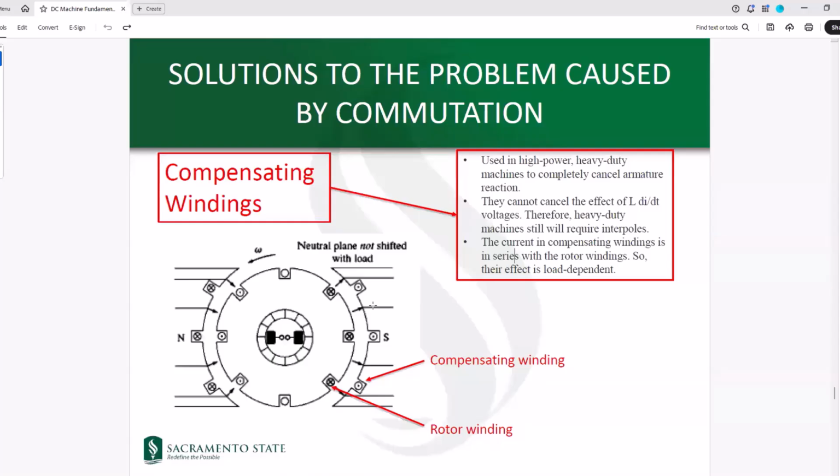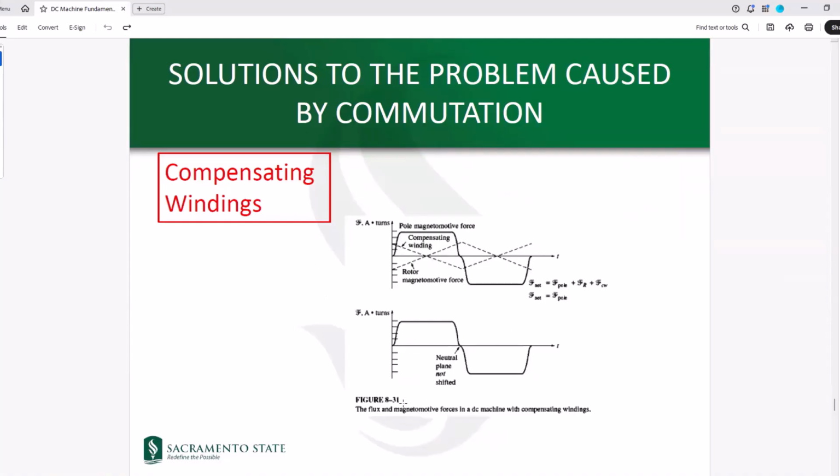But magnitude-wise, they are basically proportional to both of these. These are the currents of the armature itself, but the currents inside these compensating windings are opposite, but proportional. Overall, the magnetic field is proportional to the current that is existing in the armature, so that the overall operation would be load dependent, if that makes sense.